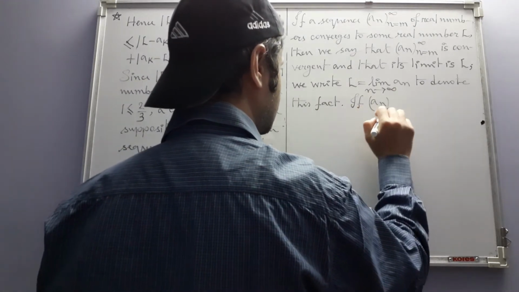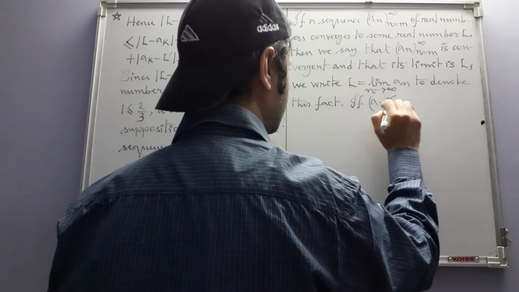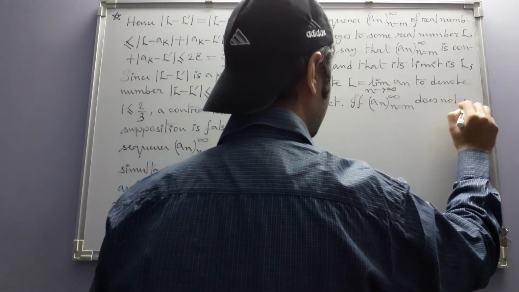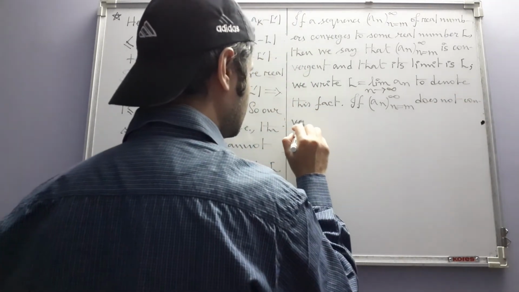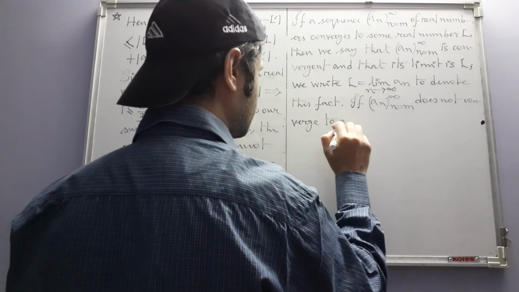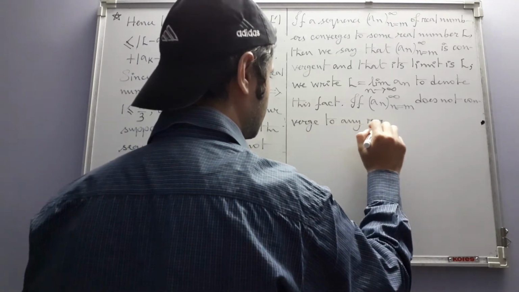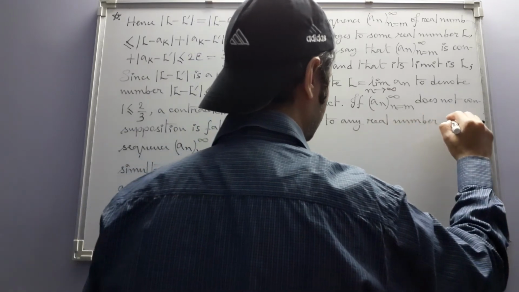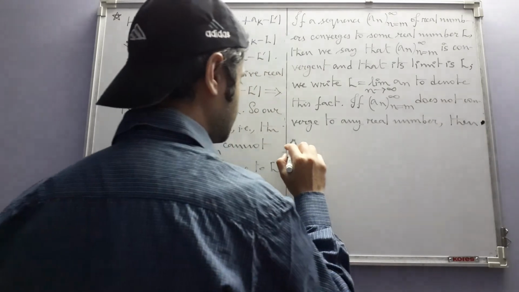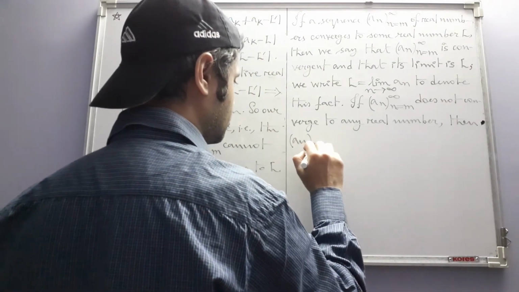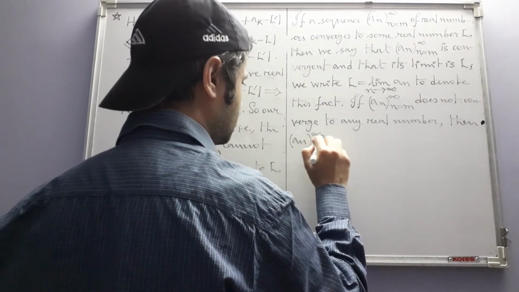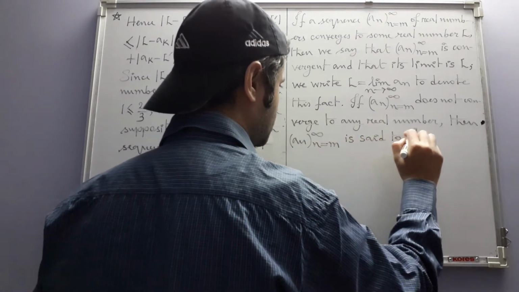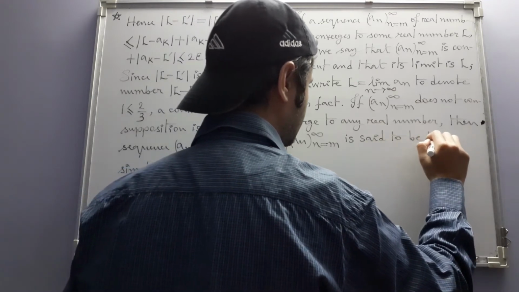If our sequence a_n does not converge to any real number, then a_n is said to be divergent.